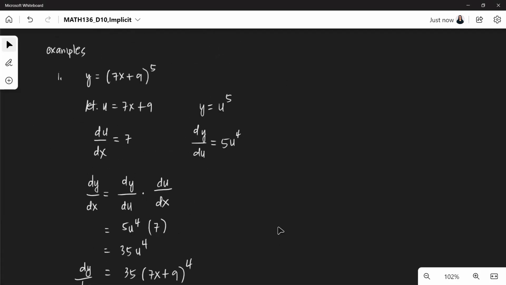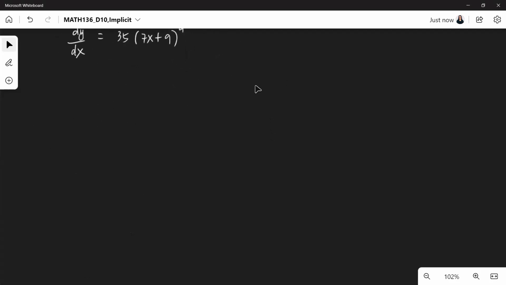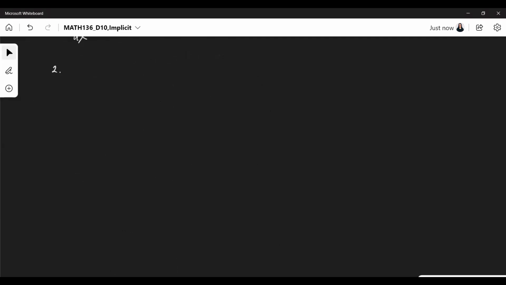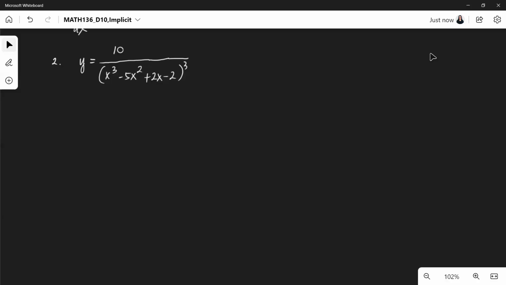Okay, so we have another example. What if the function is u to the power of n, but at the bottom, meaning n is negative 3. So same process.